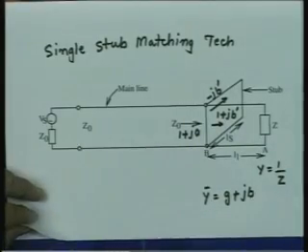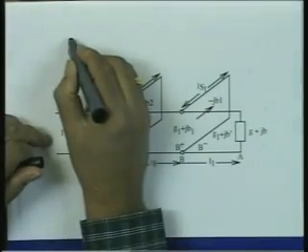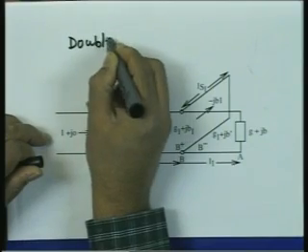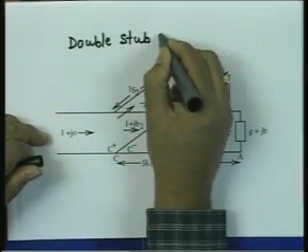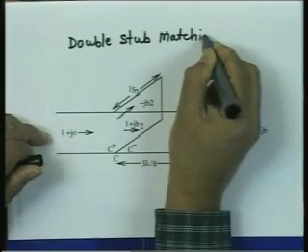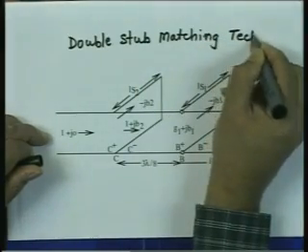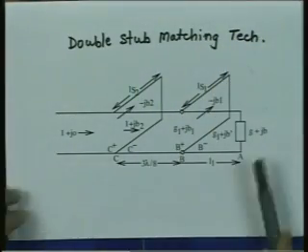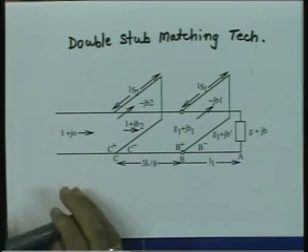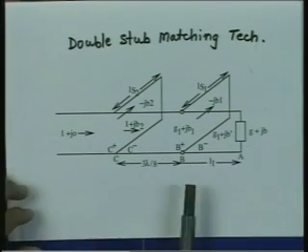So, we go to the second technique, what is called the double stub matching technique, where the matching of the loads is realized by changing only the lengths of the stubs, but the location of the stubs remains fixed. This technique can match a load to the characteristic impedance without changing the location of the stub.